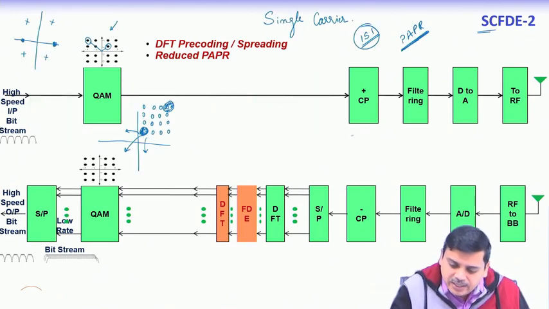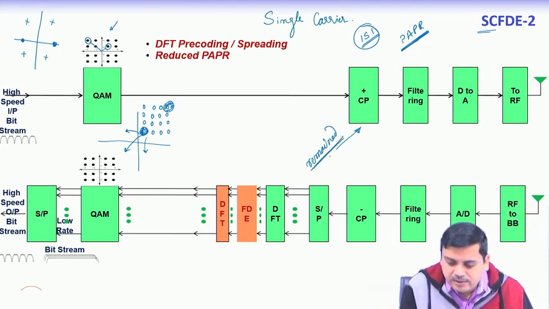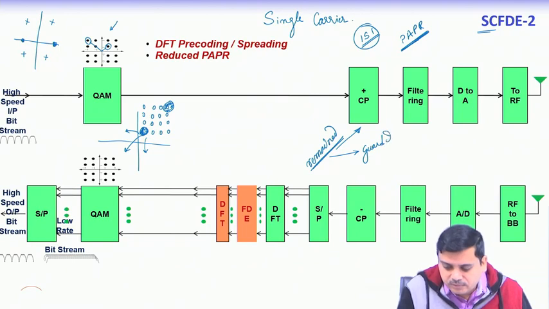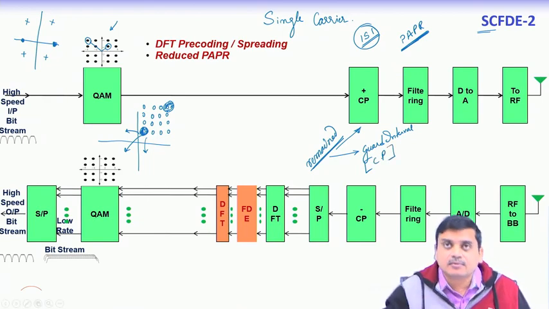The CP has remained, so this has remained. This remaining means that you have some guard interval which is realized as a cyclic prefix, right.